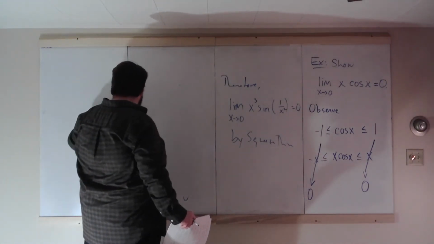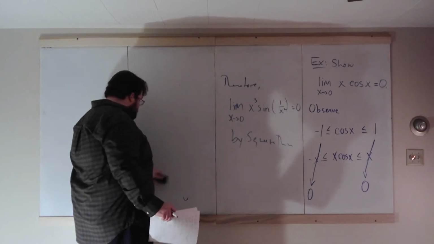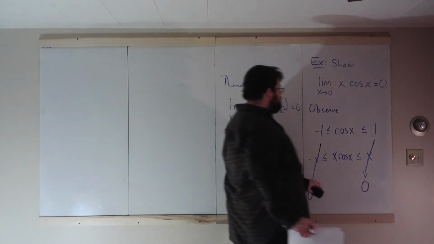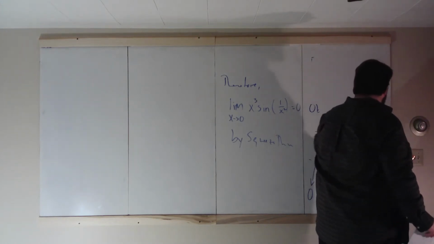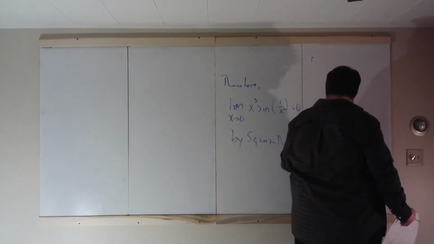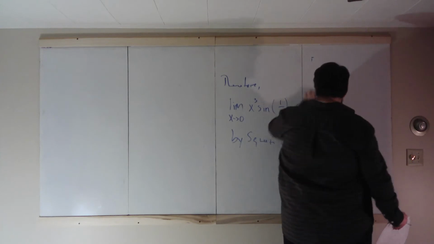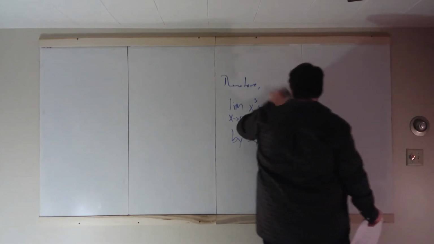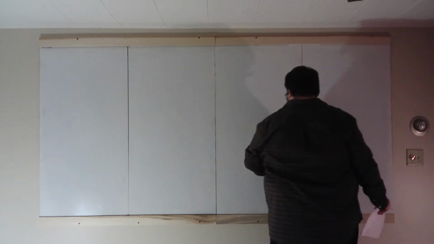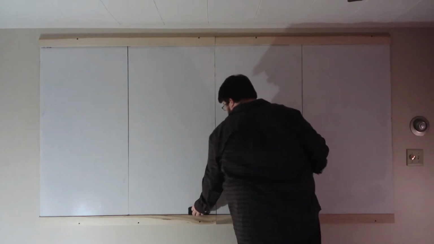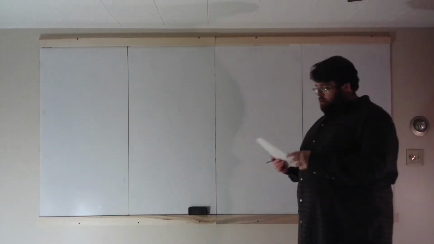So these first two, we applied squeeze theorem by setting up an inequality which was really the result of a graph. And with sines and cosines, that's quite common. Another way to set up a squeeze theorem inequality is geometrically.